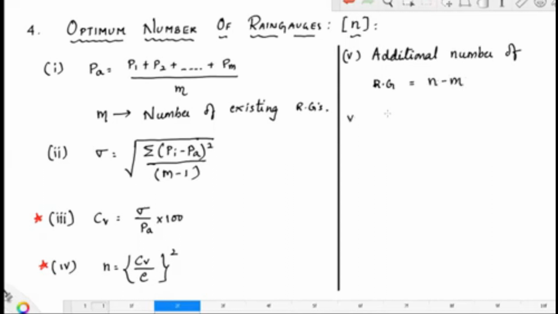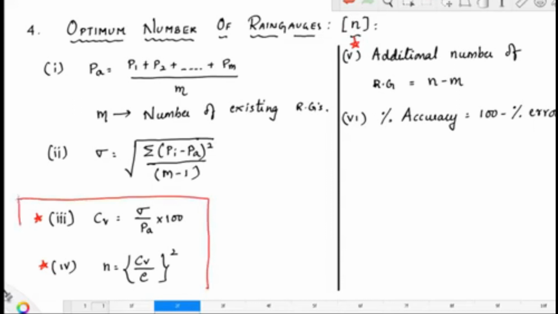So sixth thing, percentage accuracy is equal to 100 minus percentage error. Now, fifth point will be important. Sixth point will not be important at all. So third one, fourth one, and fifth one are important from exam point of view.